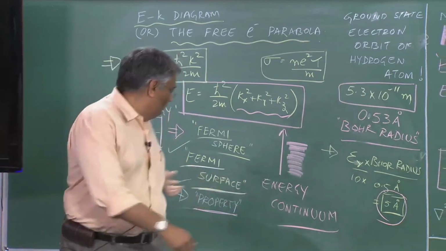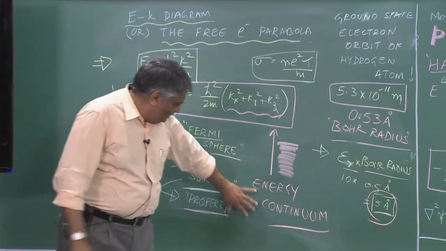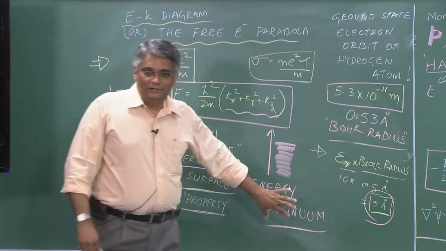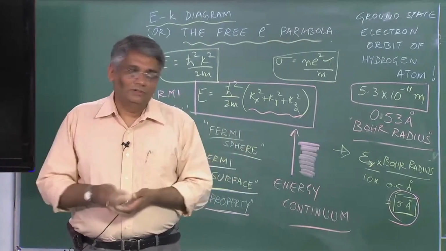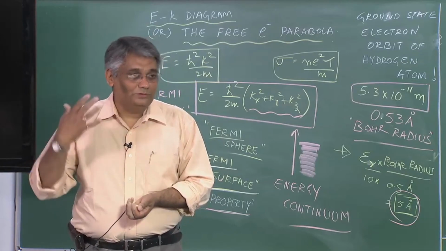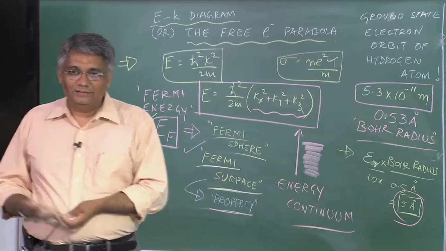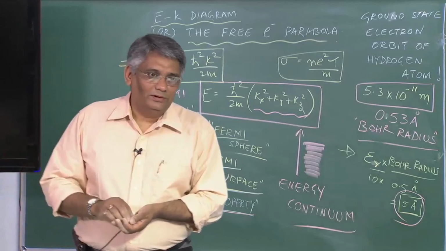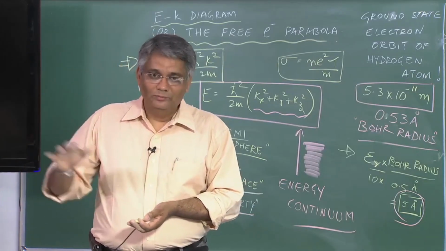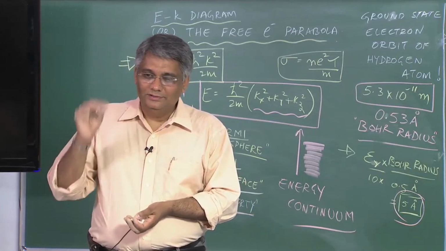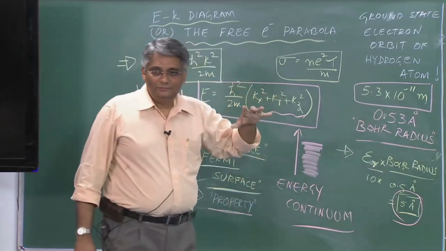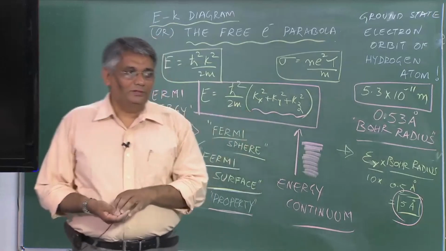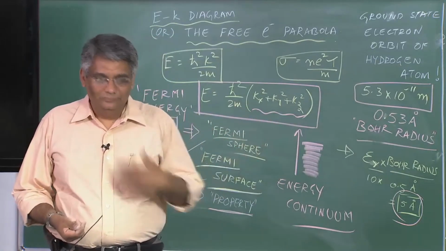We will see the significance of this, and we will also see what happens to this energy continuum when the electron is restricted by potential barriers, which does happen when an electron is propagating in a solid. It is not free to move, and it is defined by the periodic potentials defined by the lattice. How this periodic potential influences the energy continuum we will see in the next class.